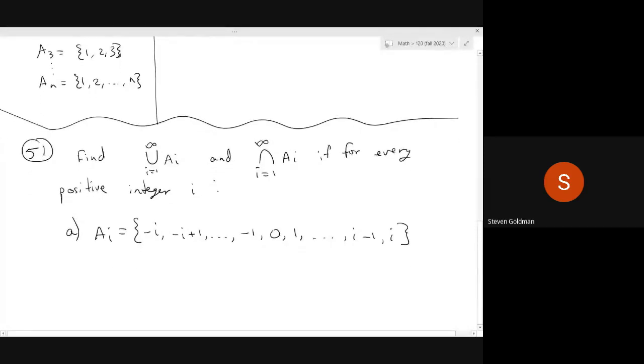So in other words, A sub I is the set of integers from negative I to I.